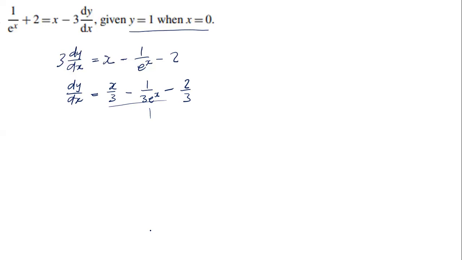Before we continue, what happens if I divide by x minus 3 and don't move the 3 to the side? It is still fine. Sometimes when we deal with equations, we love having dy over dx on the left-hand side, but you can just divide by x minus 3. It really does not matter.